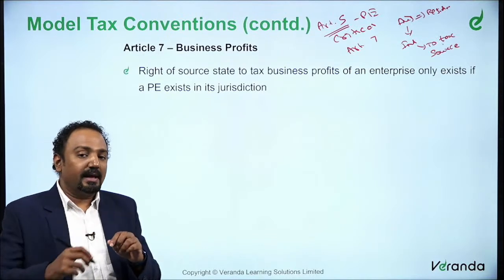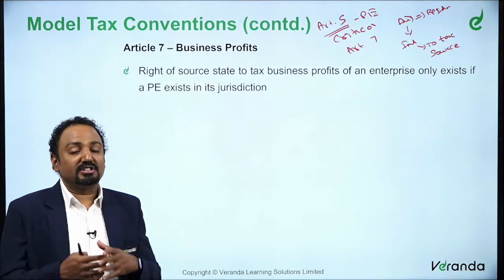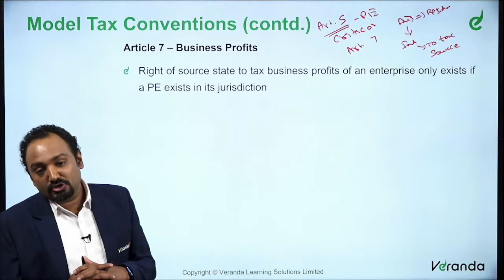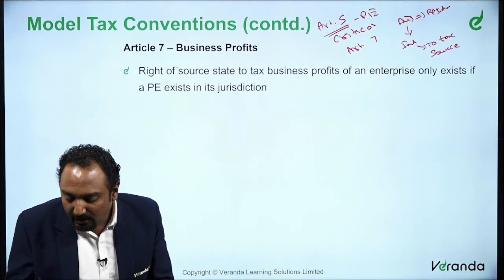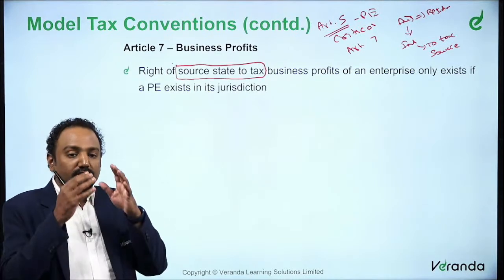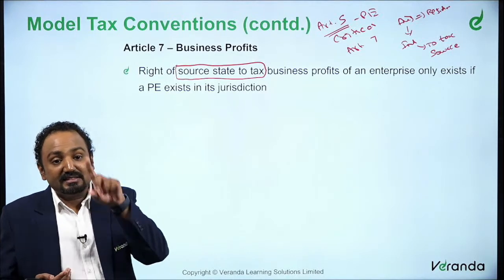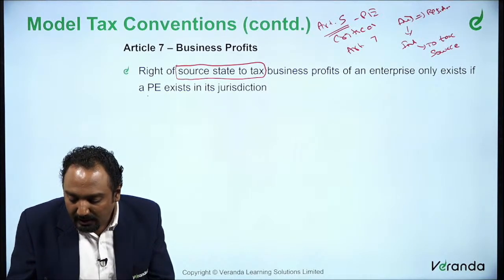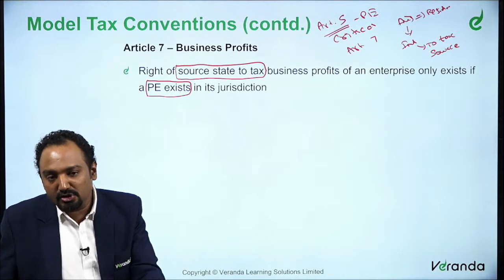So the treaty must say such a transaction will be taxed on a source basis in India. So that's what they say, the right of the source state to tax. For the source state to tax business profits, it exists only when a PE exists. So unless you have a PE, you cannot tax business income in the source state.